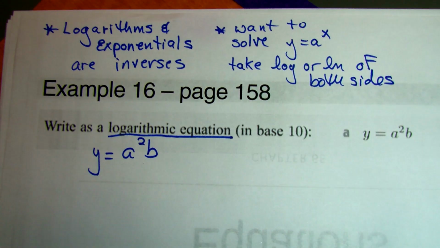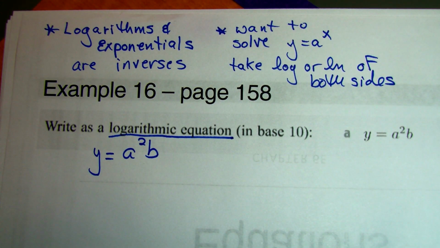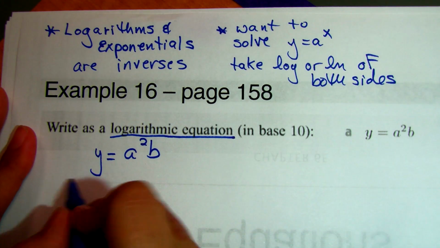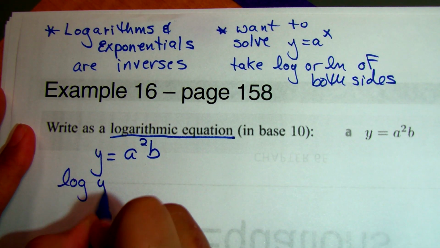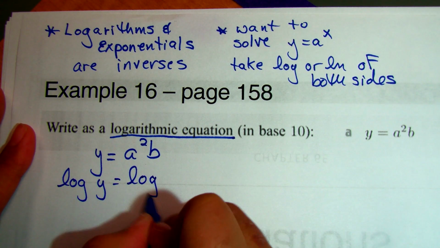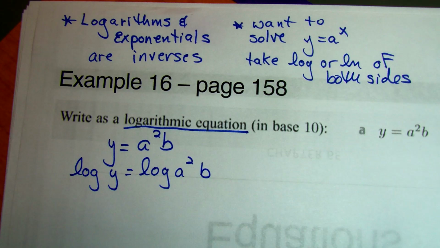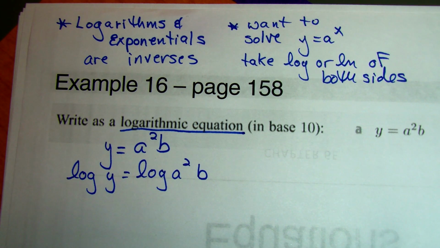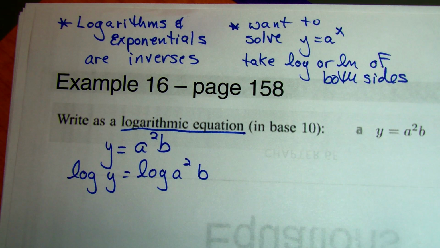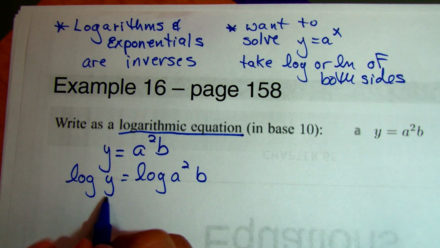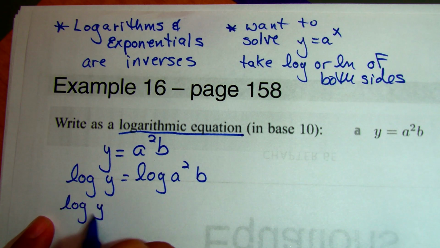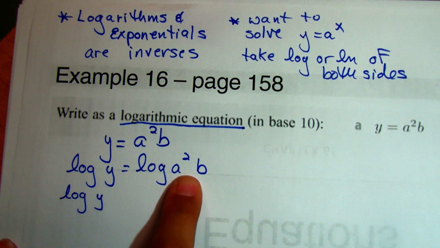So if I'm trying to solve, in quotes, this equation, I'm going to take the log of both sides. So I'm going to write log y equals log a squared b. Okay? And I'm going to use my properties to expand it out. There's nothing to expand on this side. Multiplication is which property, everyone?